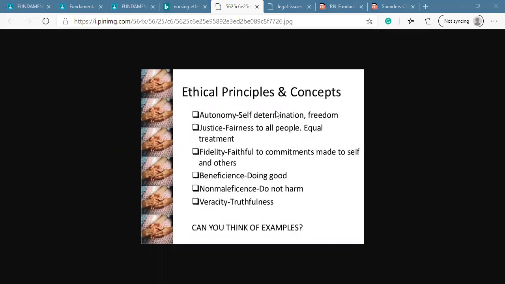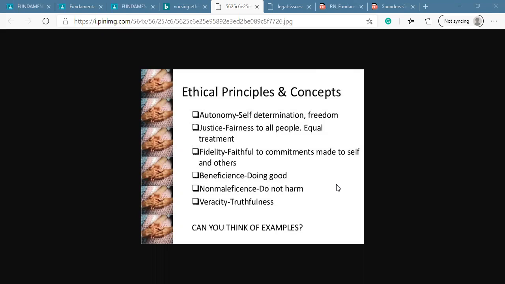After discussing with the patient, they decide not to go for radiotherapy. They like chemotherapy or a surgical removal of the tumor. So it is the patient's right what option they choose.